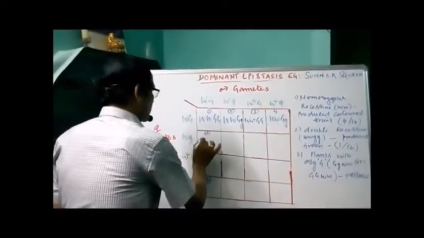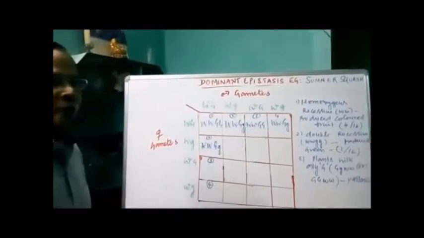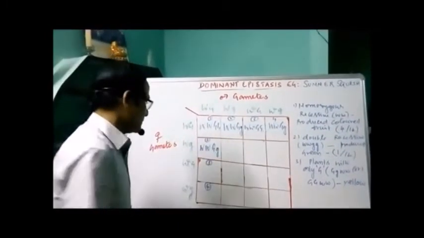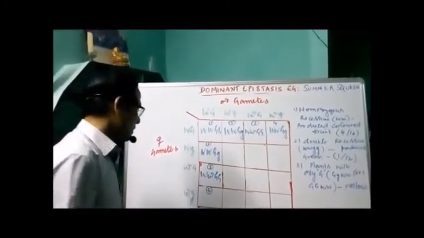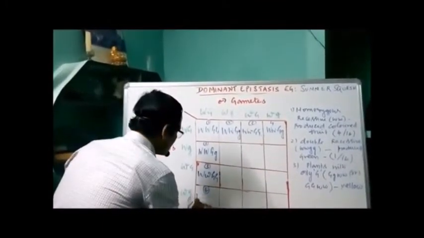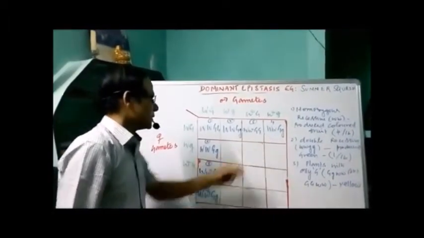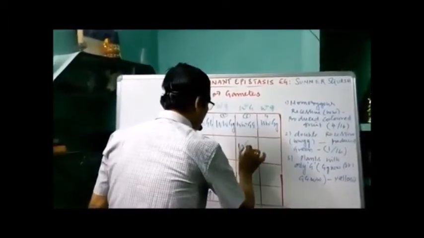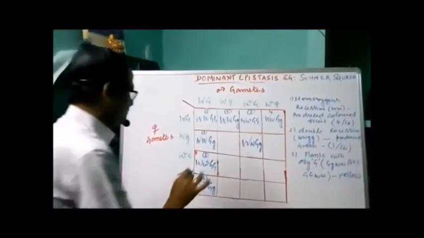So we have WW, 3 dominant alleles. Likewise here, 3 dominant alleles. Now here, 2 dominant alleles. The same one you are also getting here in the diagonal line, as we have discussed already.